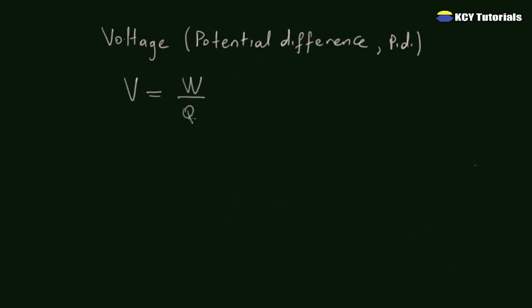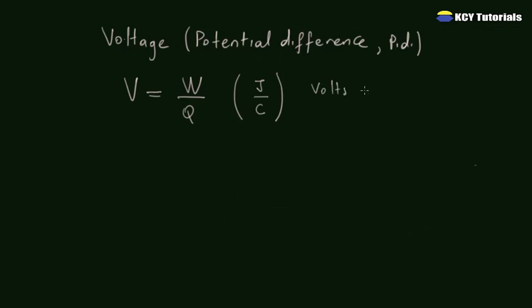It's actually the work done in moving a unit charge. Therefore the SI unit is joules per coulomb, because the SI unit of work done is joules and the SI unit of charge is coulomb, but usually we denote this as volts, capital V.